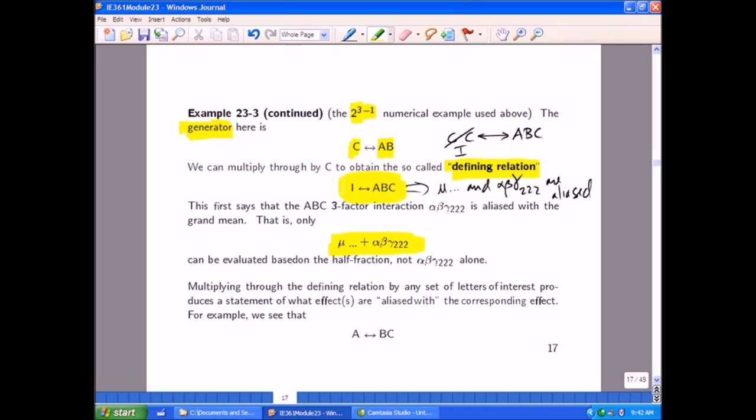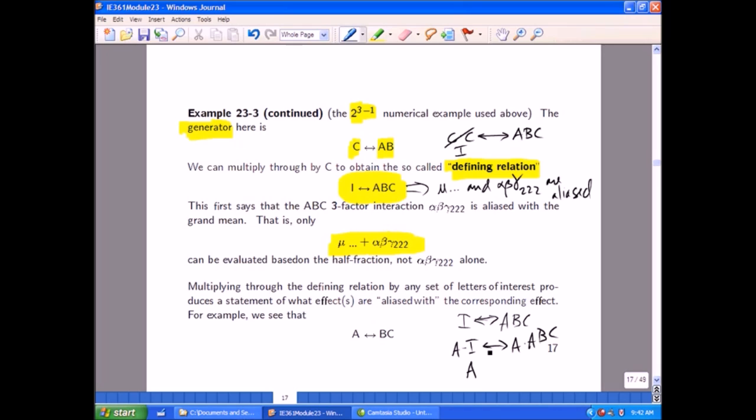Now if I take this defining relation and I multiply through by A, so if I take I equivalent to ABC, that means A times I is equivalent to A times ABC, and any letter times I is just that letter.